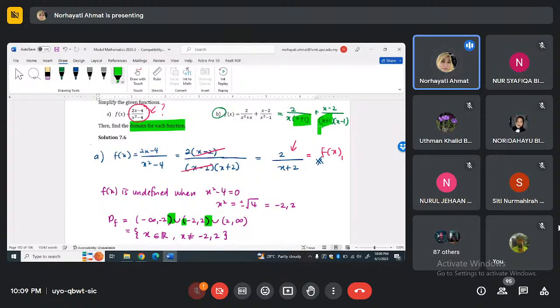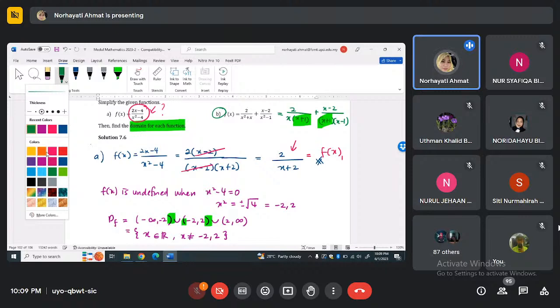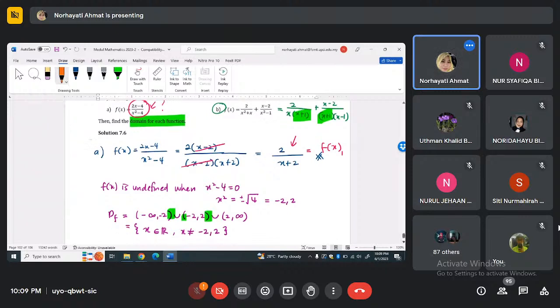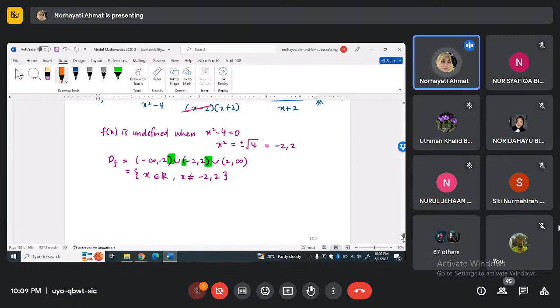Okay, common. So kita ada, macam mana nak samakan dia punya denominator? Saya bawa ke bawah lah, senang kita nak nampak. This one. Okay, so we can write the function as, okay, 2 over x times x plus 1 plus x minus 2 over x plus 1 x minus 1.